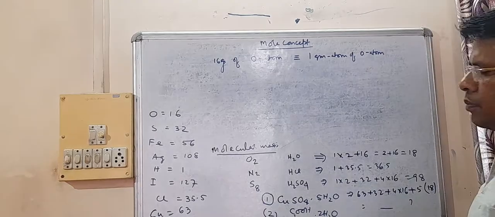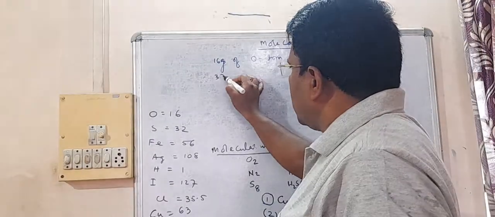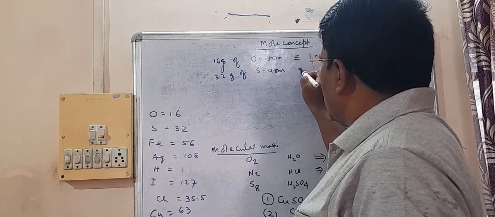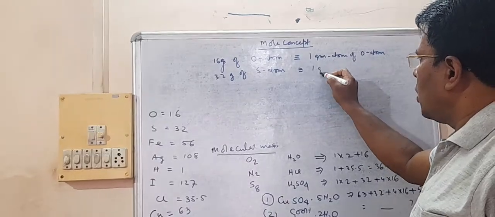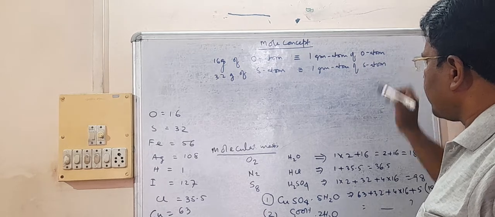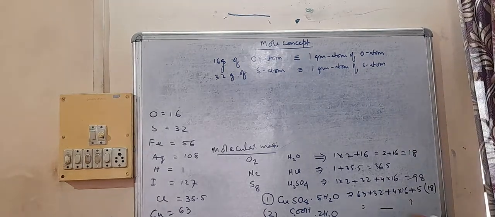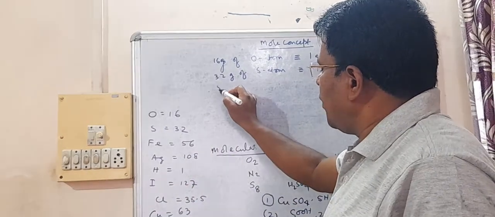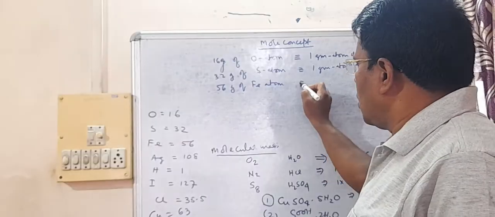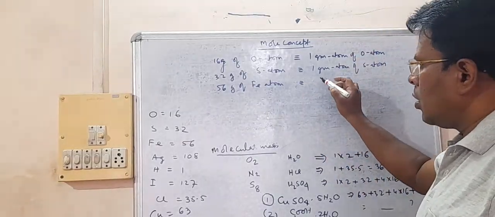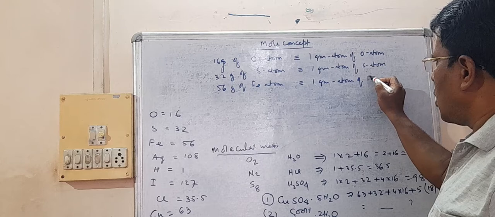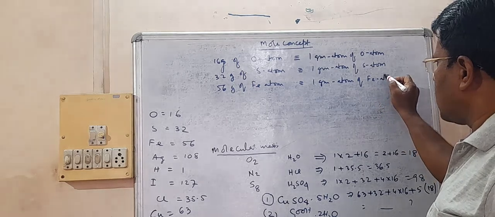This is from the mole concept. Suppose 32 gram of sulfur atom is identical to 1 gram atom of sulfur atom. Similarly, suppose 56 gram of iron atom, it will mean 1 gram atom of Fe atom.